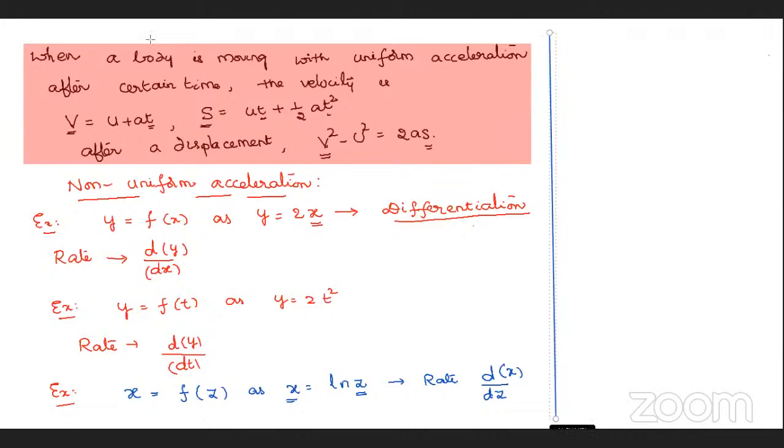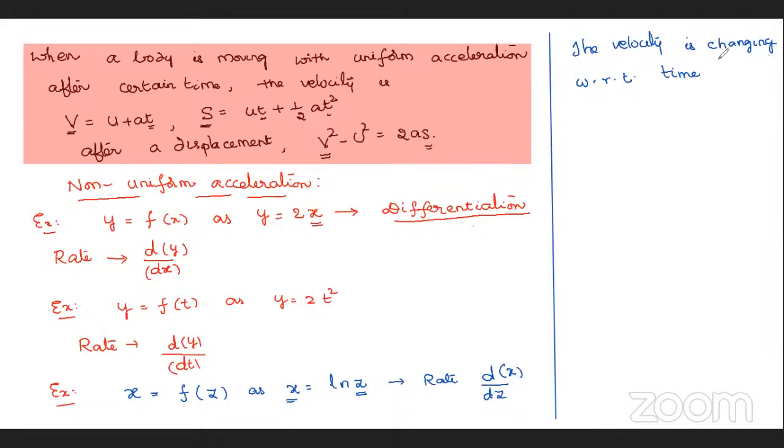Coming to here, I am saying the velocity is suppose changing with respect to time. If that change is uniform, then we use the uniform acceleration formula, v is equal to u plus at.